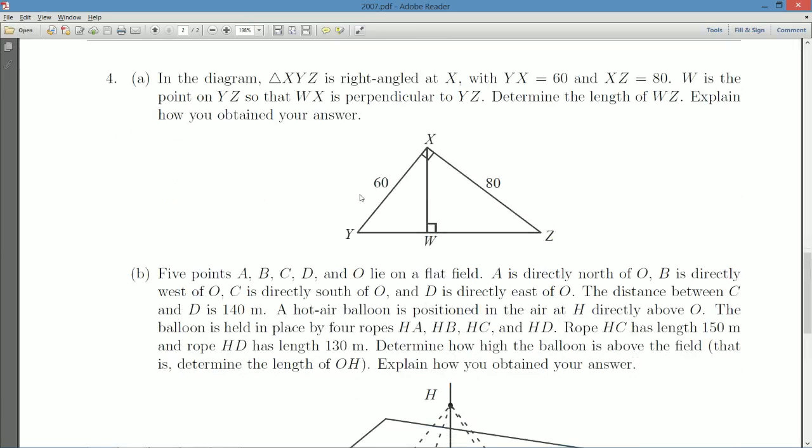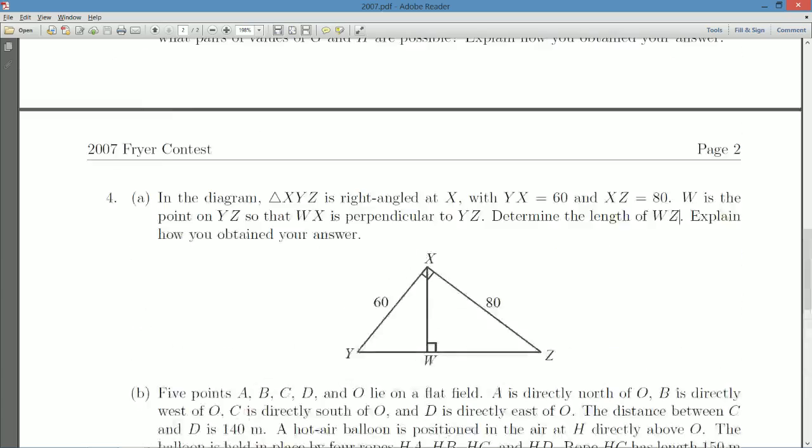Okay, so here we have the lengths labeled. W is the point on YZ so that WX is perpendicular to YZ. Determine the length of WZ. Explain how you obtained your answer.